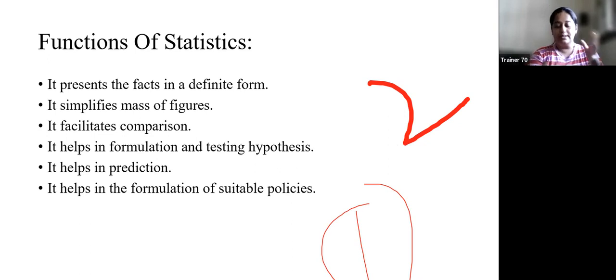Now, what is a definite form? ये जो word लिखा है हमने, it presents the facts in definite form.